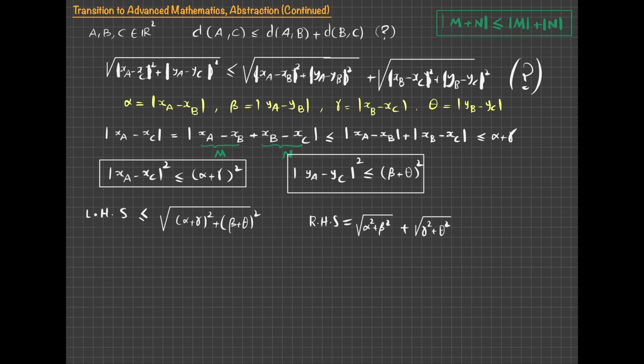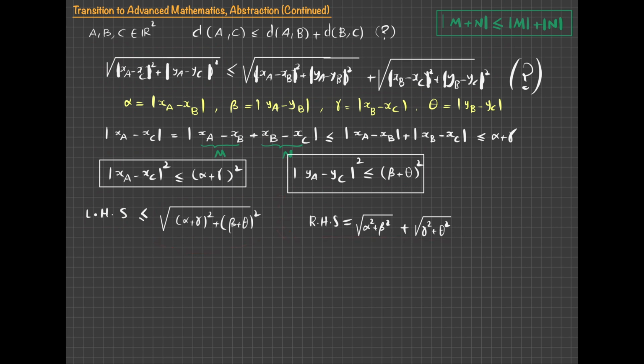My goal is to show that the left-hand side is less than or equal to the right-hand side. But I hope you agree with me that instead of showing the left-hand side is smaller than the right-hand side, if I succeed to show this one is less than the right-hand side, then I am done. The left-hand side is less than or equal to this expression. If I manage to show that this expression is less than or equal to this expression, then I am done.